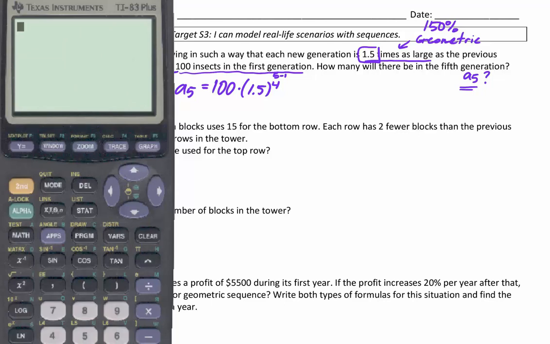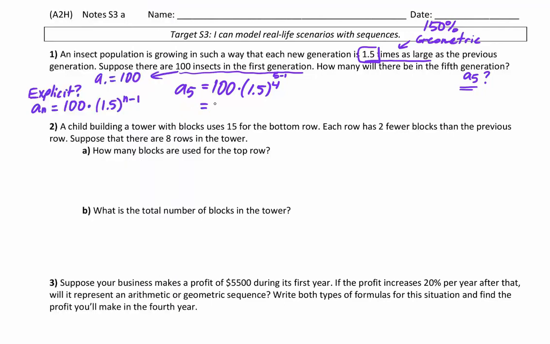If we have stuff on our home screen, we can just hit the clear button. So starting off with 100, then we can put our parentheses 1.5 or 150%, and raising that to the 4th power, pretty easy with the exponent key. If we press enter, we get 506.25. And that's worth writing down.